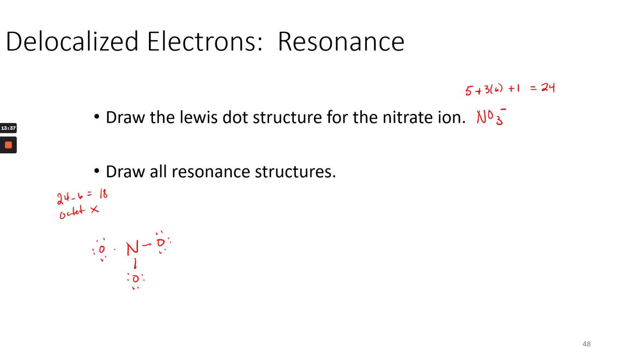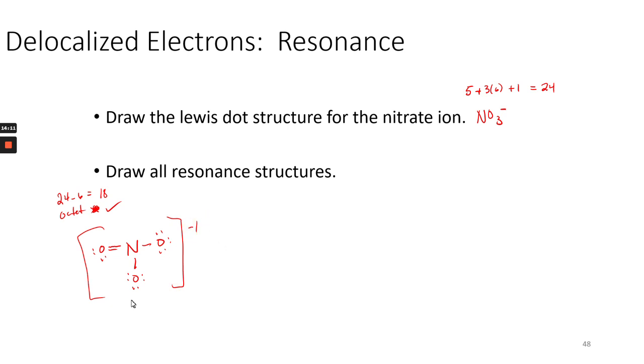So I have to take one of my lone pair electrons and make a double bond. Now, are there 8 around nitrogen? Yes. Are there 8 around oxygen? 2, 4, 6, 8. So now my octet rule is satisfied. We also have to put this in brackets with a negative sign because it has a -1.